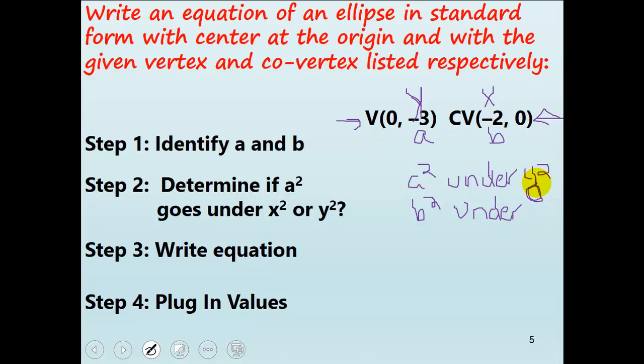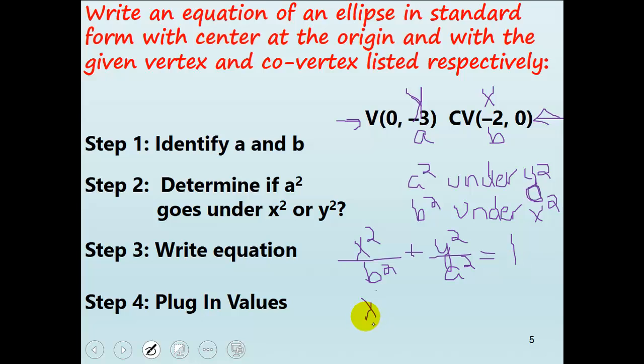Well, that looks crumbly. Now I'm going to write my equation. It's x squared over b squared plus y squared over a squared equals 1. So now I'm going to plug in.